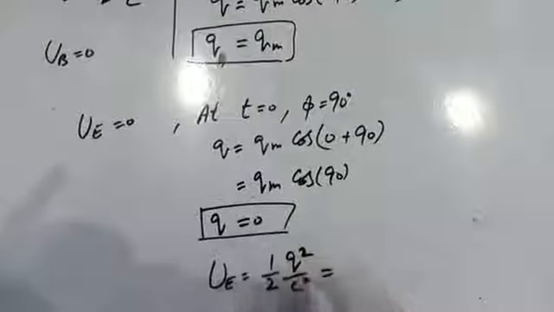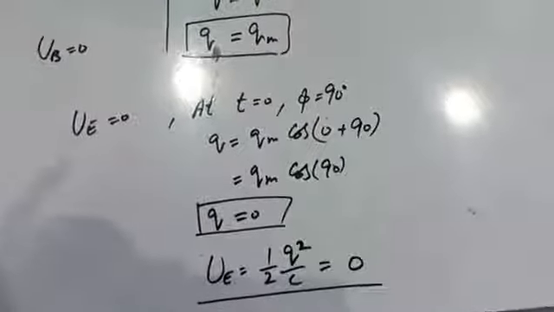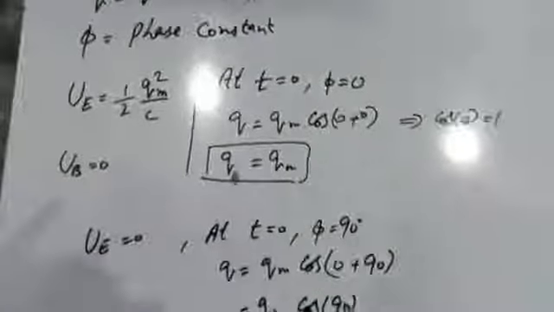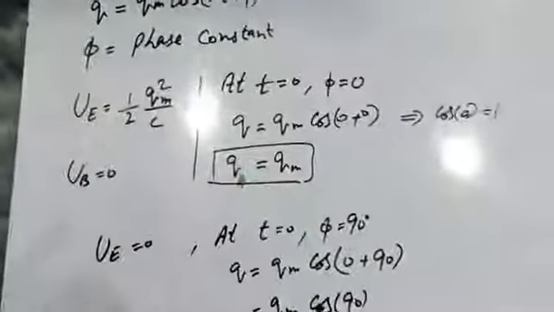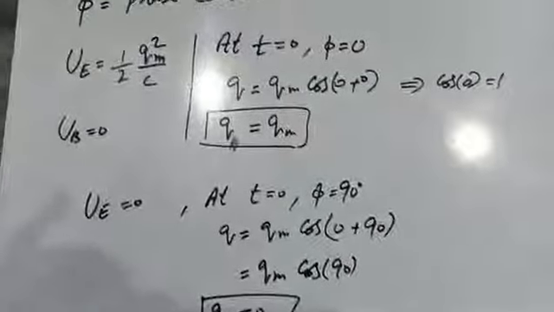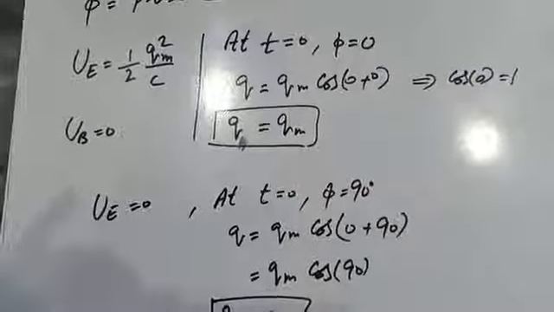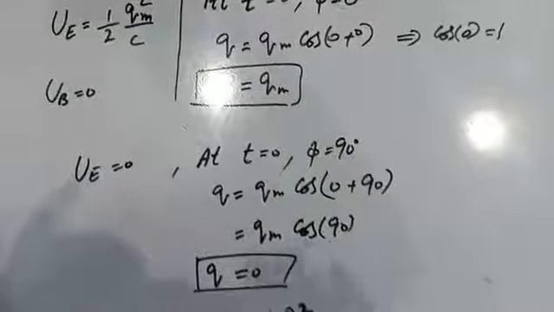Putting the value of q equal to 0 here, we get that electric energy is 0. So the value of phase constant phi is decided by the initial condition. Now we compare the variation of electric energy and magnetic energy with respect to time.